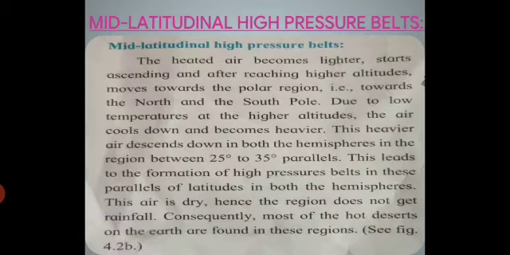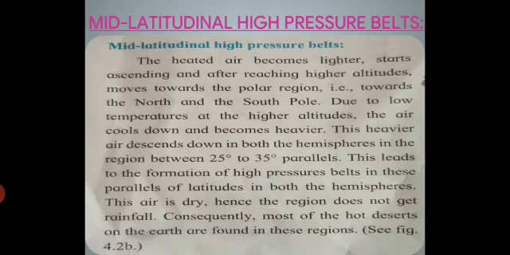Next is mid-latitudinal high pressure belts. The heated air becomes lighter, starts ascending, and after reaching higher altitudes moves towards the polar regions, that is, towards the north and south pole. Due to low temperatures at the higher altitudes, the air cools down and becomes heavier.